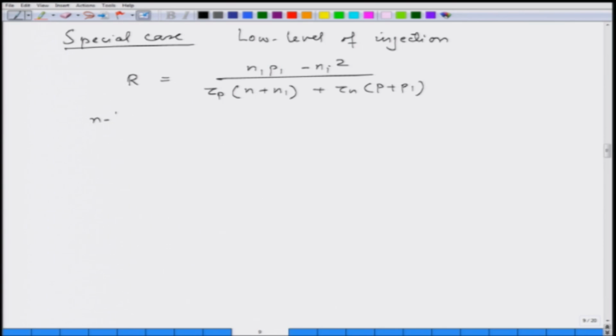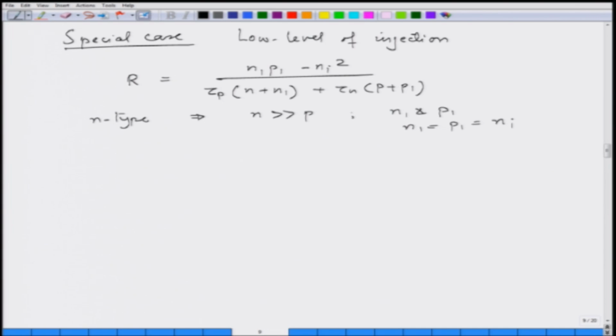So, let us say this is an n-type semiconductor, which means that n is much greater than p, and with this condition I also see that n1 and p1, for which we know the expressions, are roughly close to each other and also very close to n_i.